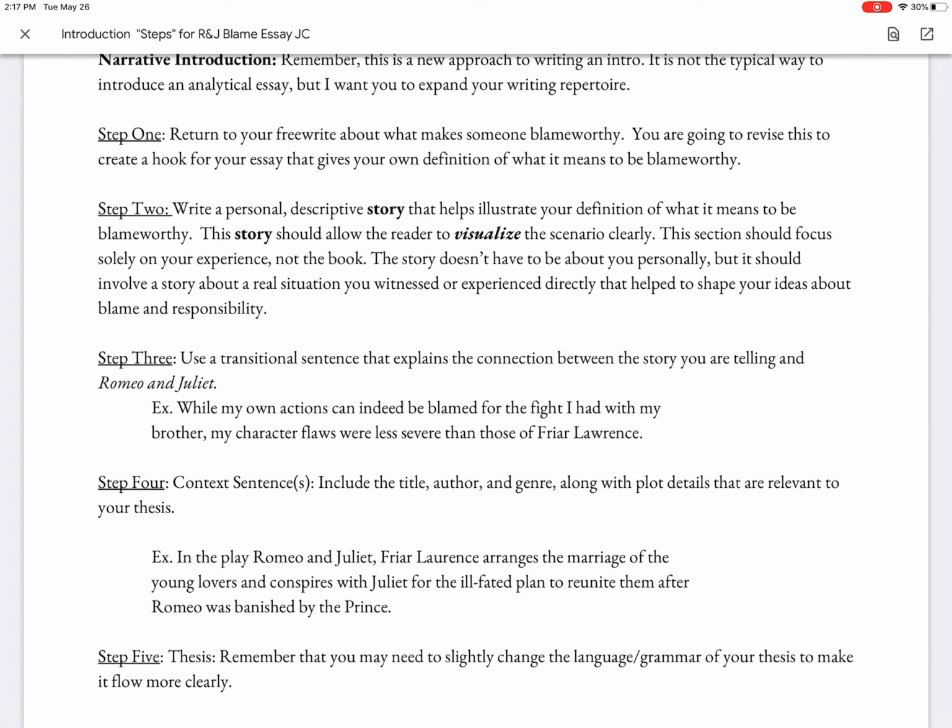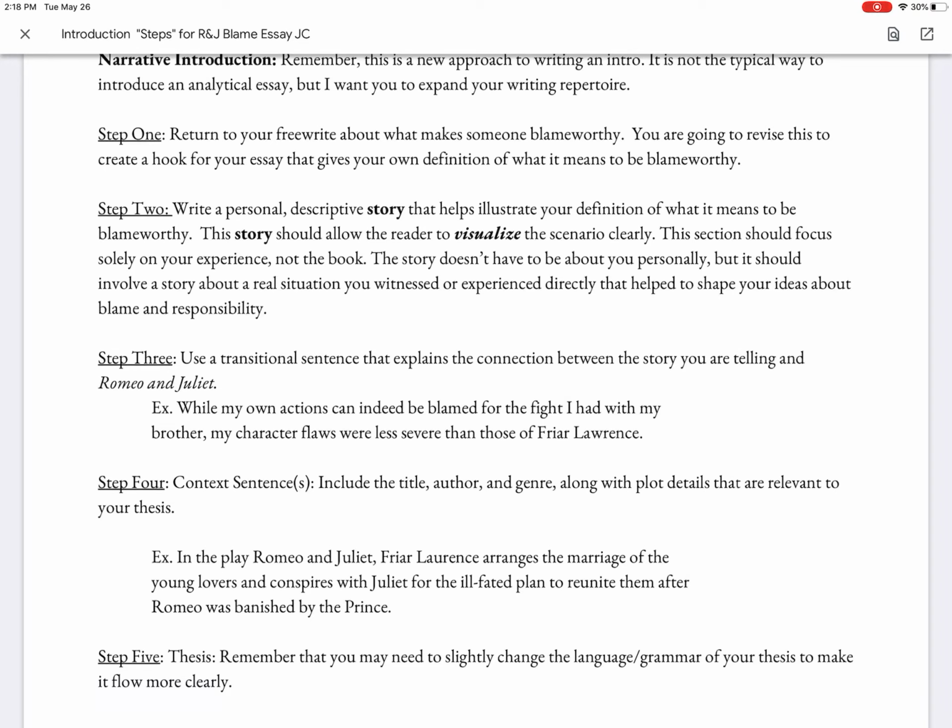So this is hypothetical, but in this imaginary essay that I'm writing, you can imagine that I wrote some sort of story about a fight I had with my brother and how that helped to clarify what it means to be blameworthy. But now I'm bridging to the play, so this sentence is going to make that connection.